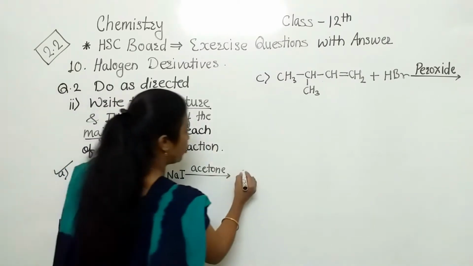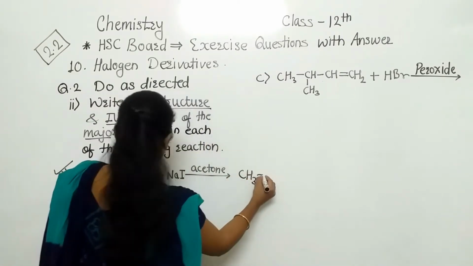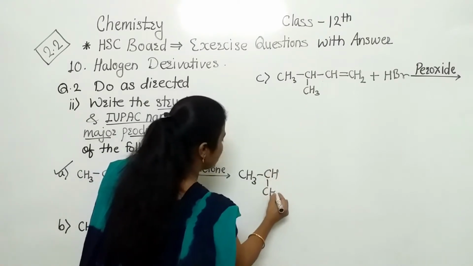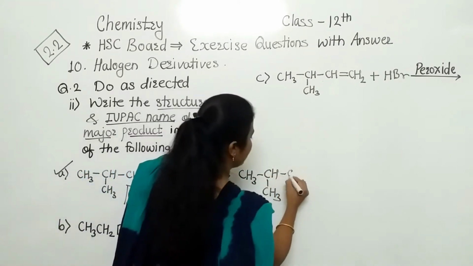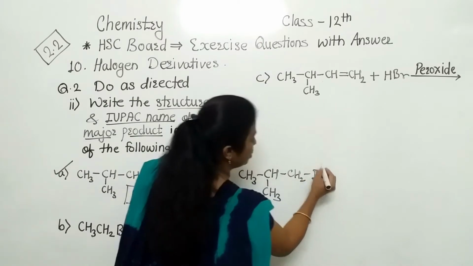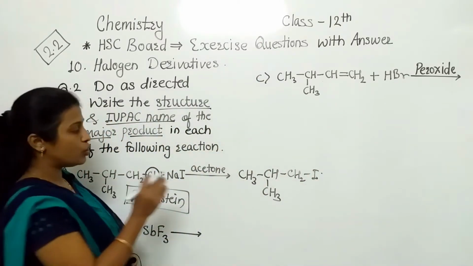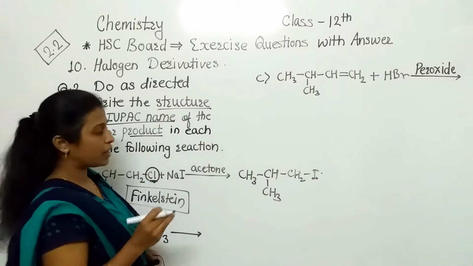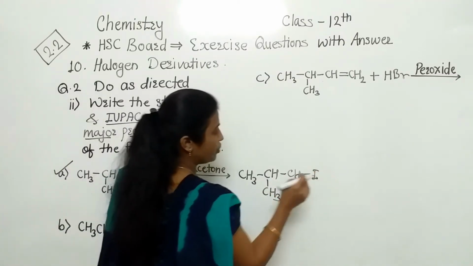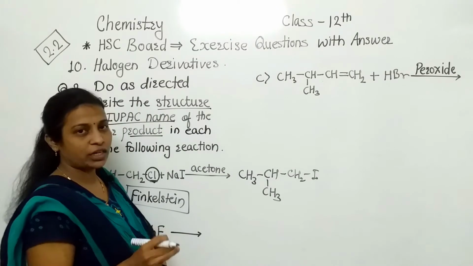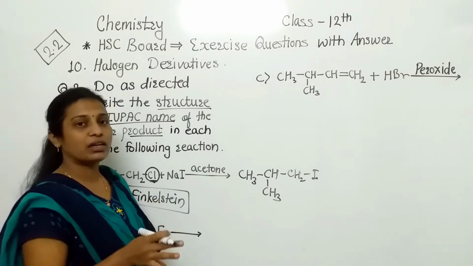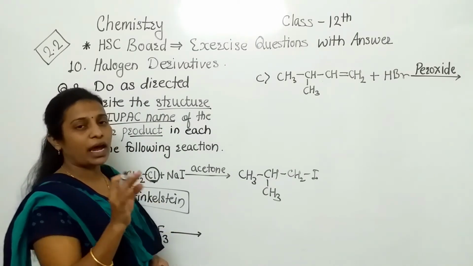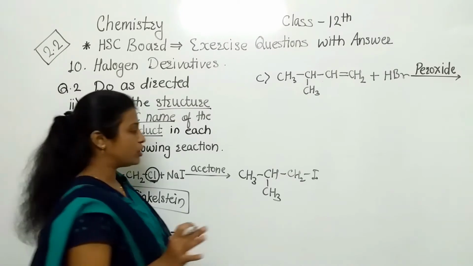So what will be the product now? See here CH3, CH3, after that CH2 and iodine is attached here. So this is the correct answer, correct product. But what is the IUPAC name? See, for the IUPAC name, first rule is that select the longest chain, start the numbering. When we are numbering at that time, iodine attached carbon should come at the lowest position.